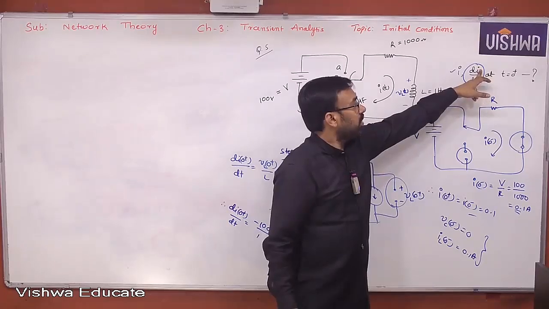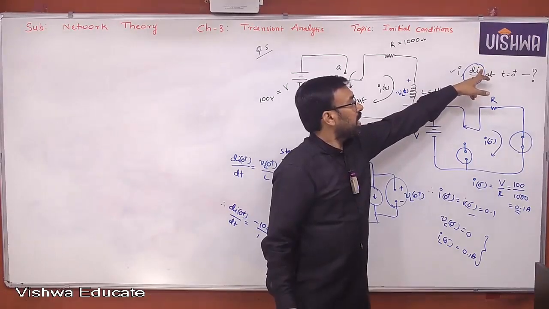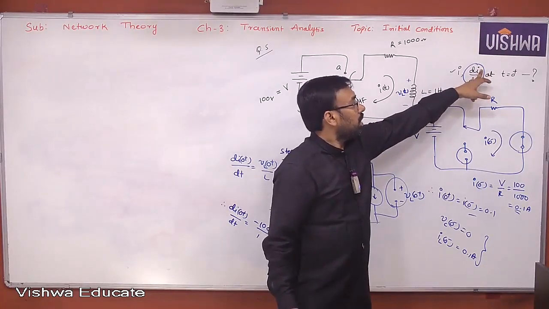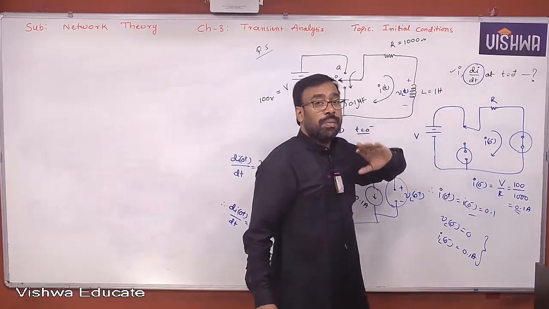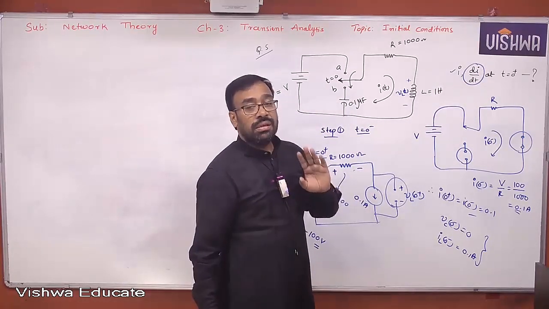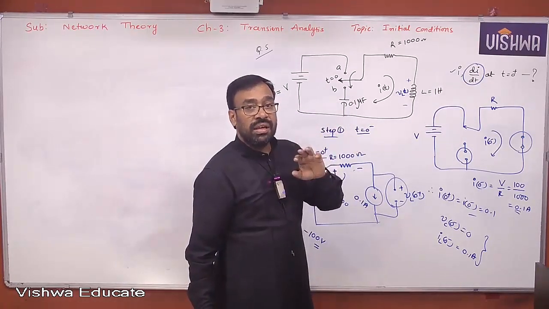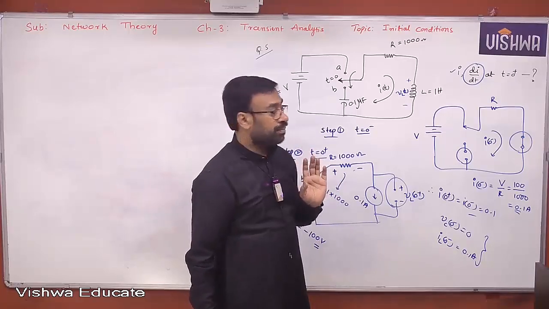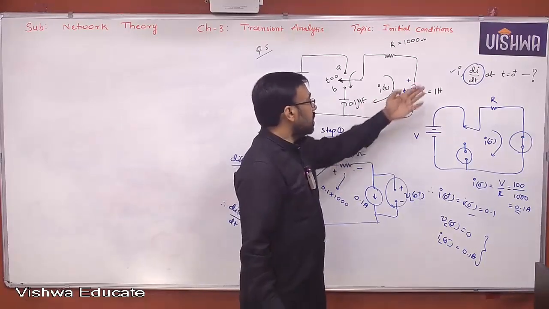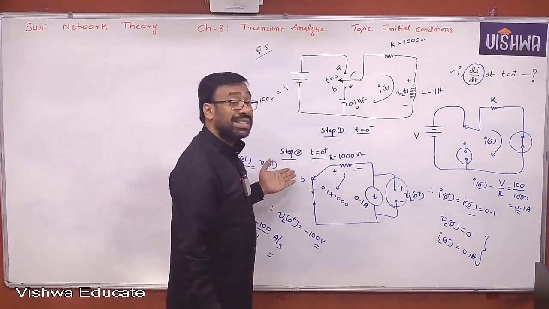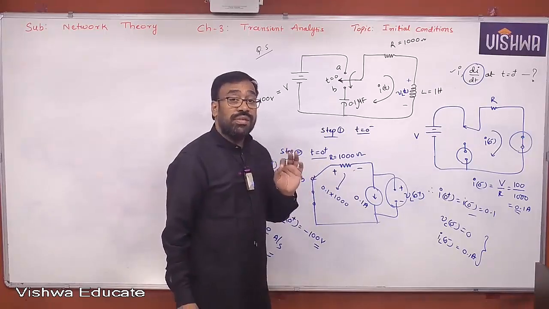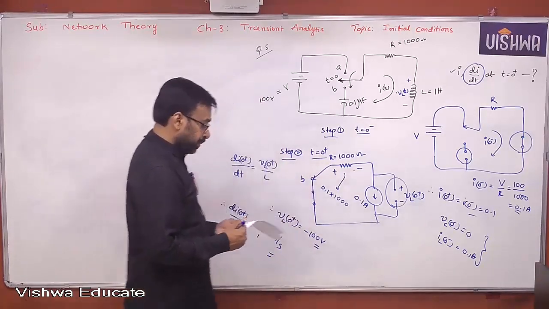Sometimes he will give V. You have to check whether that V is the voltage across the capacitor or not. Okay, definitely 99.9% the problems will come with I as current through inductor, V as voltage across capacitor basis only. If that is the case, then go for step 2, not step 3. That's very, very important. You can save a lot of time.